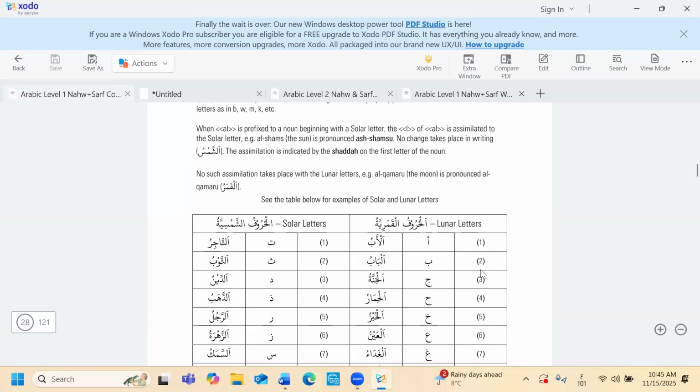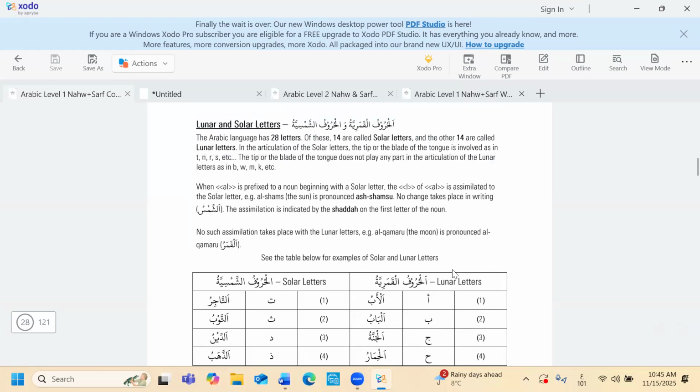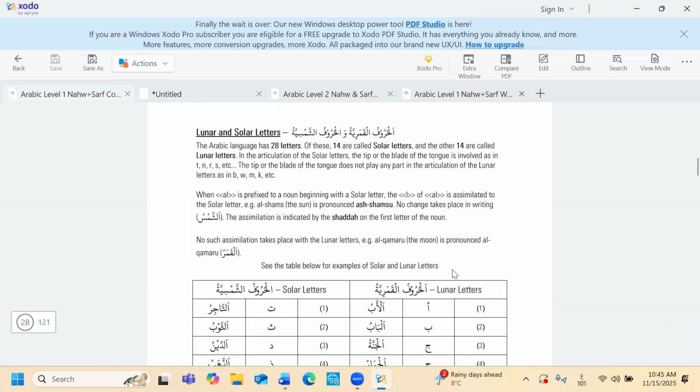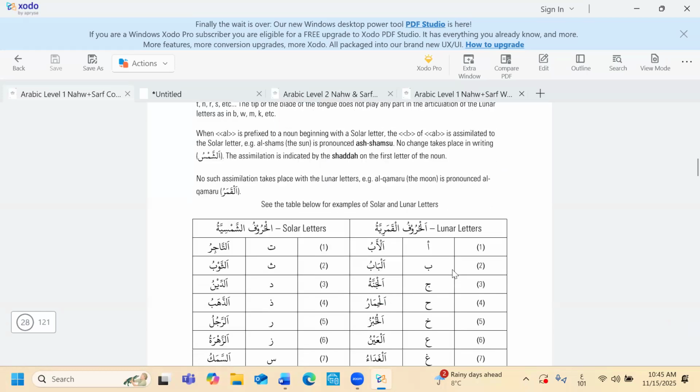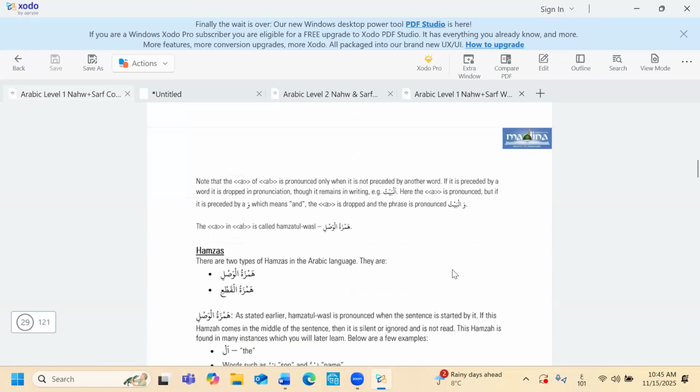The more reading we do, your ears will get tuned and you'll know that kitabuhu sounds okay, kitabihu sounds wrong, al-tajir sounds wrong, at-tajir sounds correct, al-jannatu sounds right, and the other sounds incorrect, and so on. With time, you'll pick that up. Okay, so that's lunar and solar letters.